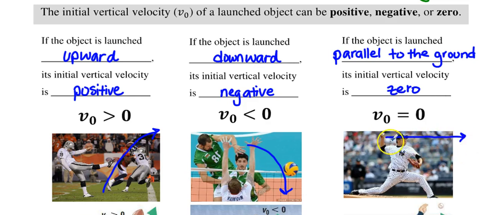Now don't confuse this with the motion, because eventually the motion of the baseball will go down, but we're not talking about the height of the ball, we're talking about the velocity. So the velocity, how he's releasing it, will be parallel to the ground. This velocity is downward, so that's why it's negative. This velocity is upward, so it's positive. So we're talking velocity here, not height.